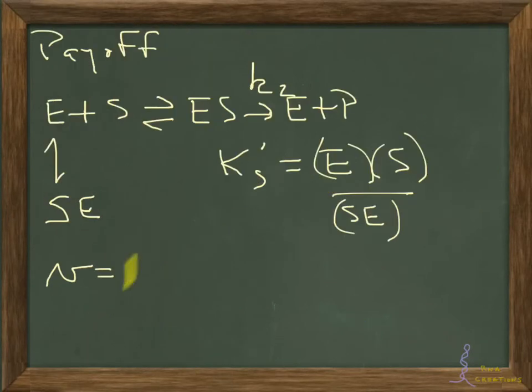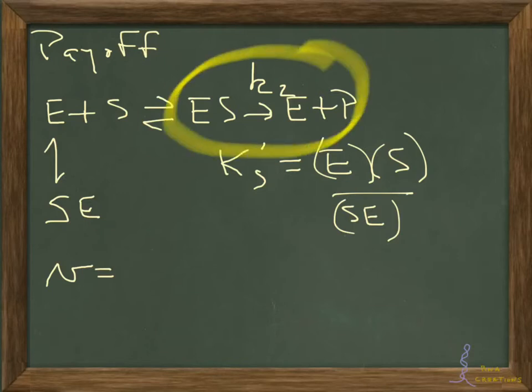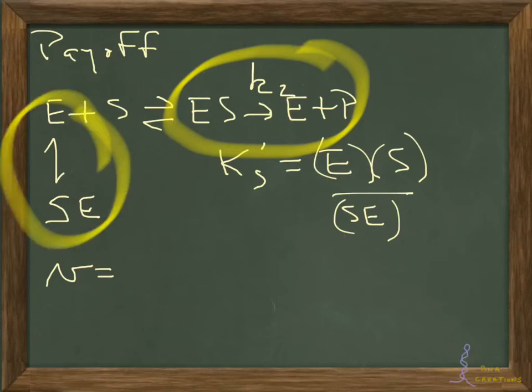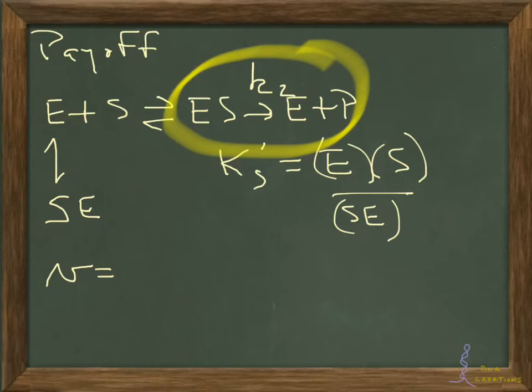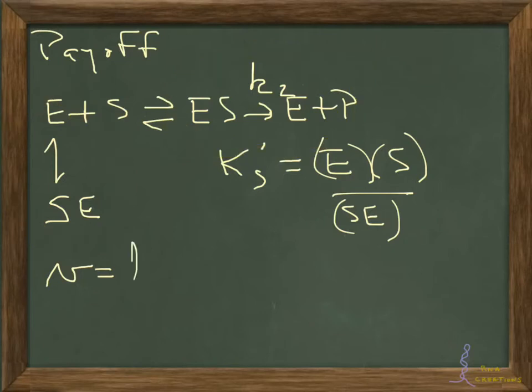And that's still totally true, because the rate is coming out of this part, right? It's for forming product, and all this other stuff that's going on is away from that step. Okay, so dp dt is still equal to K2 times ES, which means it's still going to be equal to the same expression that we derived on the last page.